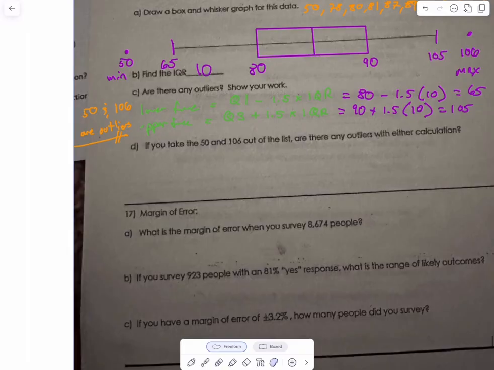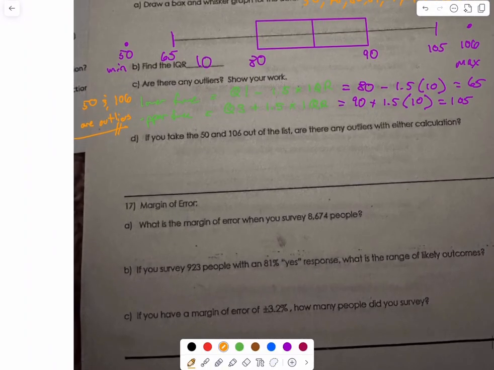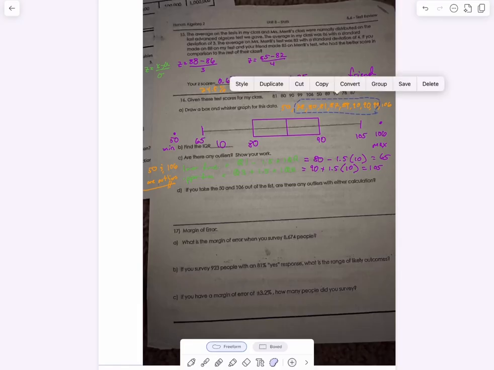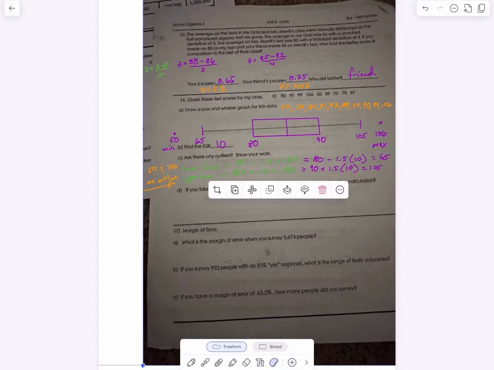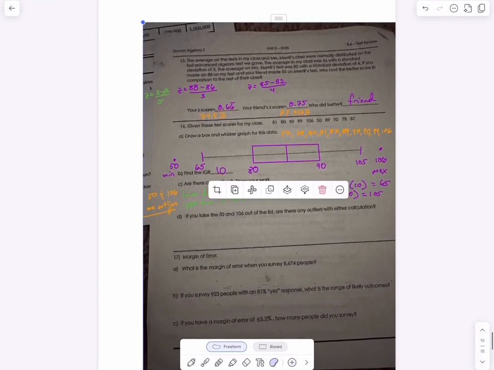So now we have 8 squares. So let's just redo it. So if we remove 50 and 106, I'll just get a copy here. Copy and paste. Yeah, that definitely changed, and it wasn't supposed to.